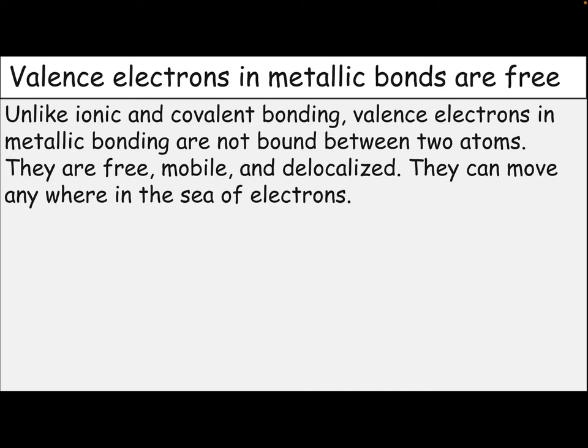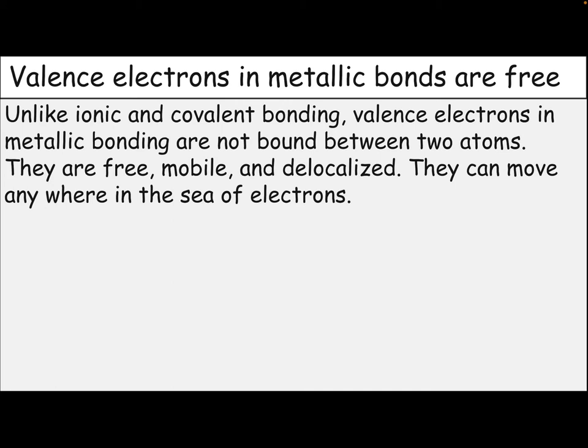Unlike ionic and covalent bonding, valence electrons in metallic bonding are not bound between two atoms. They are free, mobile, and delocalized. Those three words are very important when we're talking about the valence electrons in metallic bonding. Once again, free, mobile, and delocalized, okay?